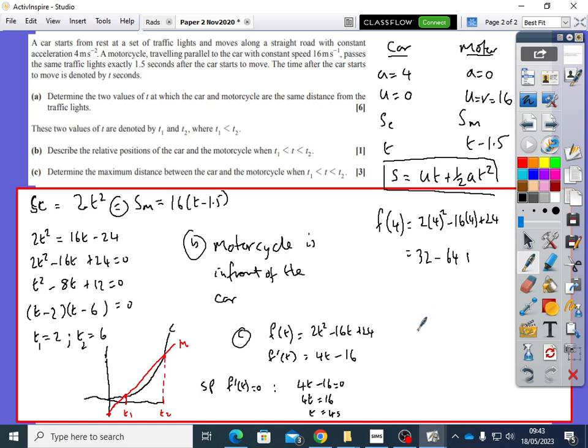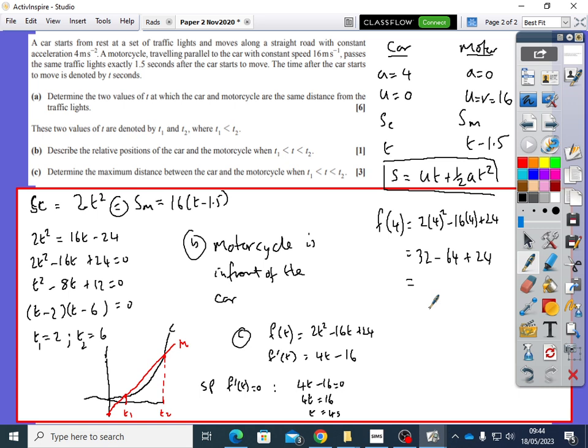I'm just making sure I've got it in the right function. 16 squared doubled is 32, yeah, and that's going to give me plus 24, and I am going to get a negative value, but don't worry about that.